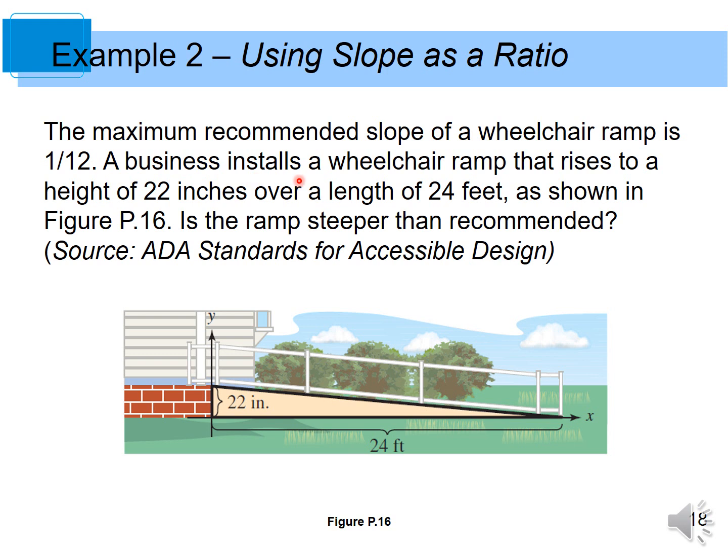A business installed a wheelchair ramp that rises to a height of 22 inches over a length of 24 feet. So we can refer to the figure below. The length is 24 feet and the height is 22 inches. The question asks, is the ramp steeper than recommended?